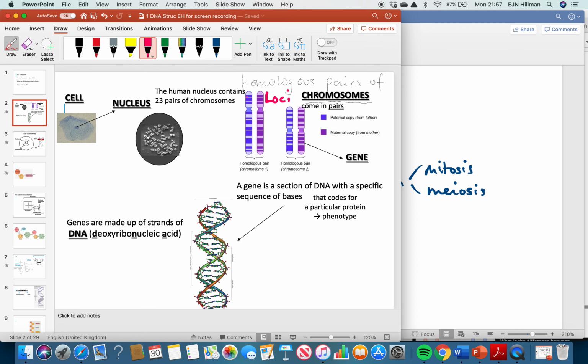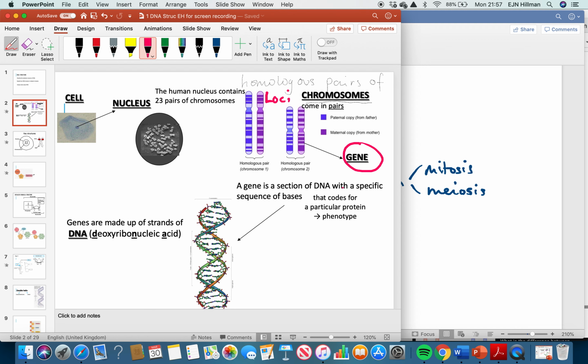And the position of those genes is the same on the paternal chromosome as it is on the maternal chromosome. So they have the same genes at the same loci. And there are two of them. So the definition, as we'll come back to later on, is two chromosomes with the same genes at the same loci.